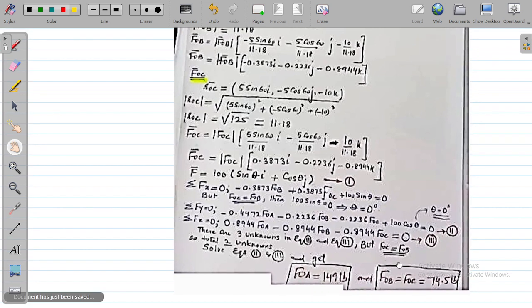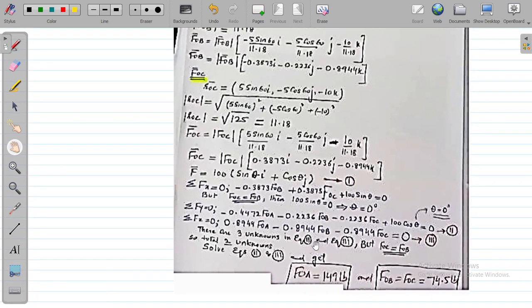Since FOC equals FOB, you can make this equation minus 0.4472 FOA minus 0.2236 FOB, and again instead of FOC, minus 0.2236 FOB plus 100. Likewise here you will say 0.8944 FOA minus 0.8944 FOB, and in place of FOC you again put minus 0.8944 FOB equal to 0. So now these equations are left with two unknowns, FOA and FOB, and you can solve it.